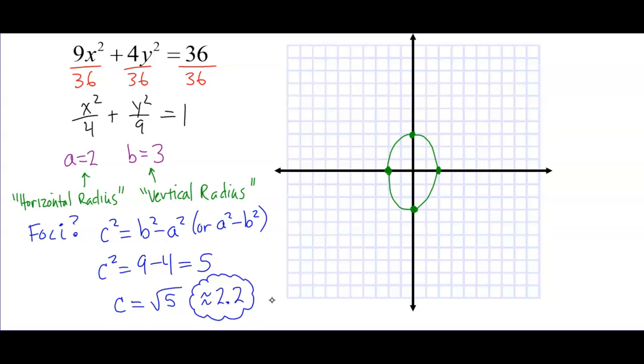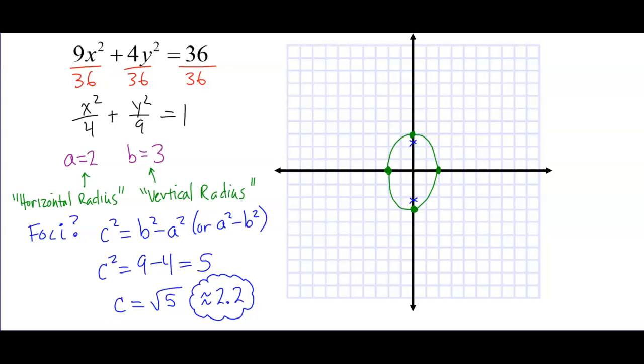Square root of 5 is about 2.2 on a calculator. So here we're going to put our foci 2.2 up and 2.2 down because this is a tall ellipse. If this ellipse had been wide instead of tall, of course you'd be putting those foci left and right.